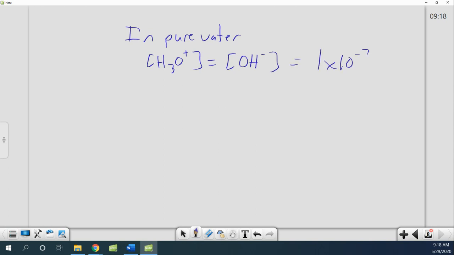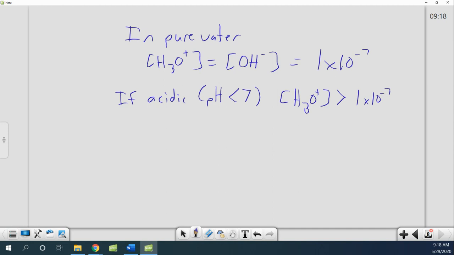So basically what you're looking for is, if acidic, if your pH is less than 7, you know that your concentration of hydronium should be greater than neutral. And neutral is 1 times 10 to the negative 7.